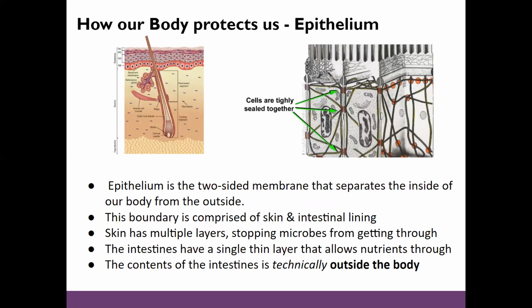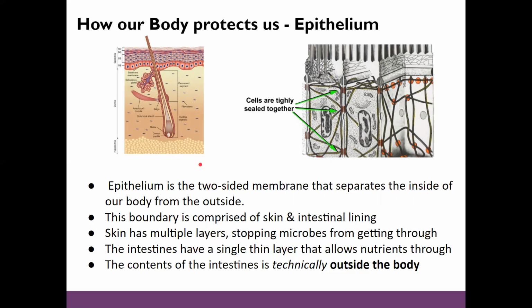Now that we've learned about bacteria and viruses, it's important that we know how our body protects us. And one major mode is the epithelium, which is a class of cells that form a two-sided membrane that can separate the inside of the body from the outside of the body.